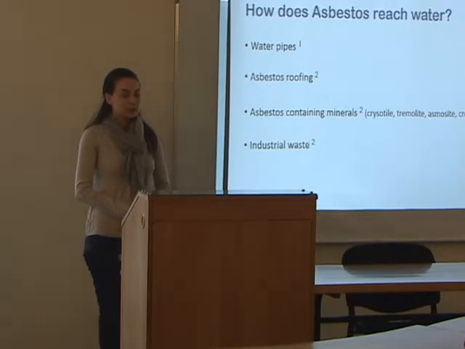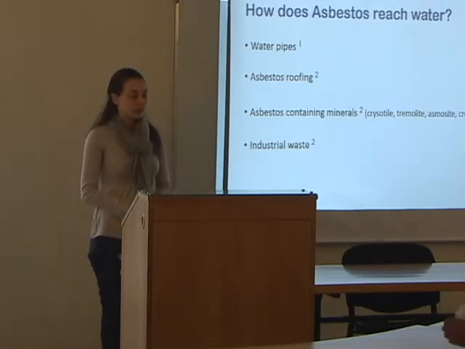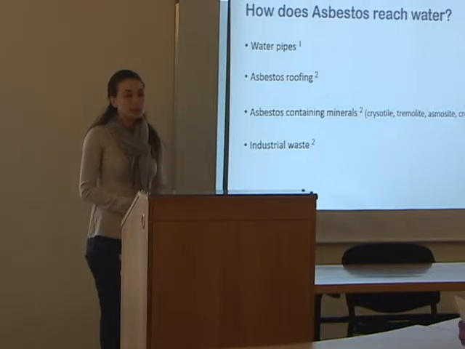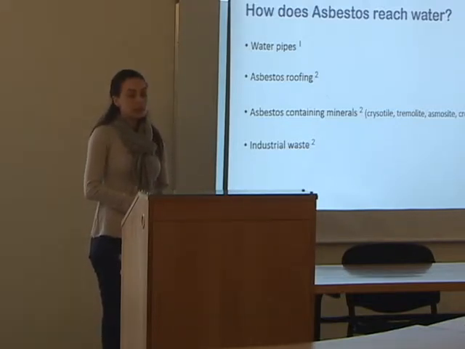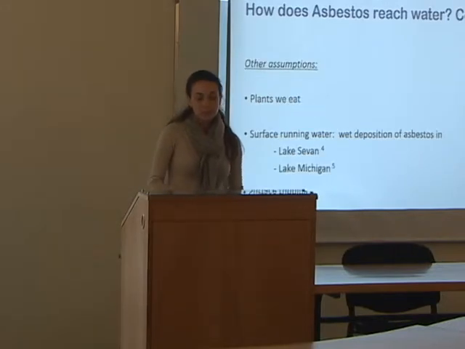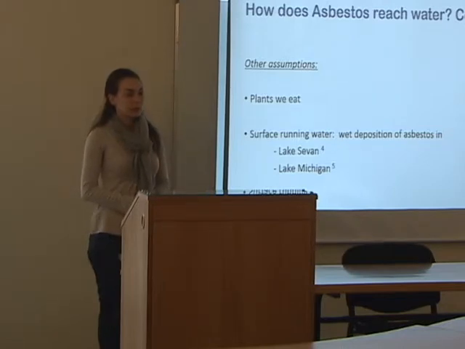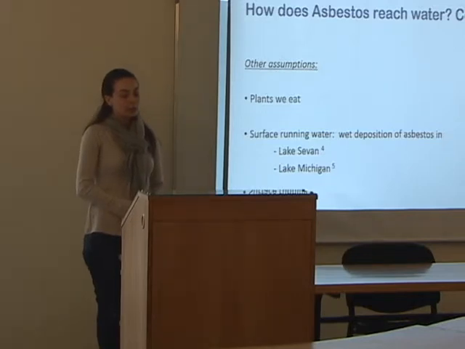Also, industrial waste might be a way for asbestos to reach us through water, if asbestos waste material is thrown in water, like running surface water, and if that water is drunk or used for irrigation, that might reach our body. And a proof for that is Lake Sevan.